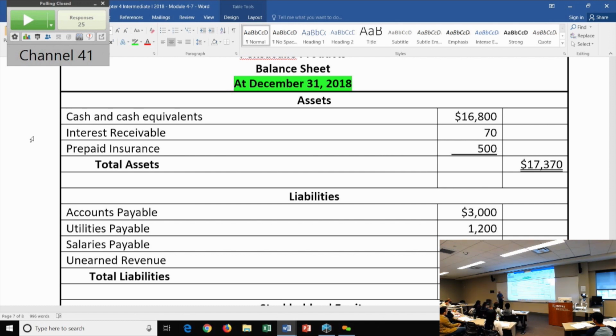So we have total assets of 17,370. Liabilities are 7,610. And in stockholders' equity, you had common stock of 13, but notice you had no beginning retained earnings.